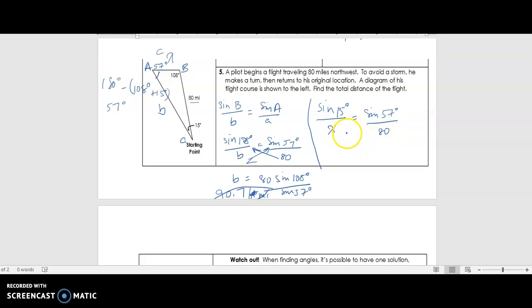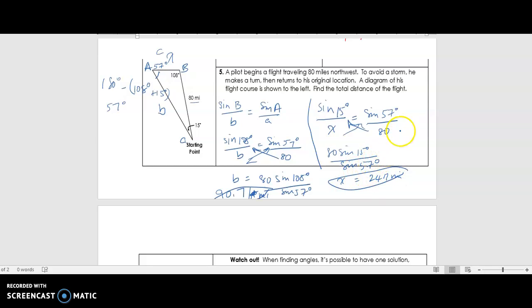All right, so again, we'll just cross multiply, and this will become 80 sine 15 degrees over sine 57. Okay, so that would be X equals 24.7 miles.